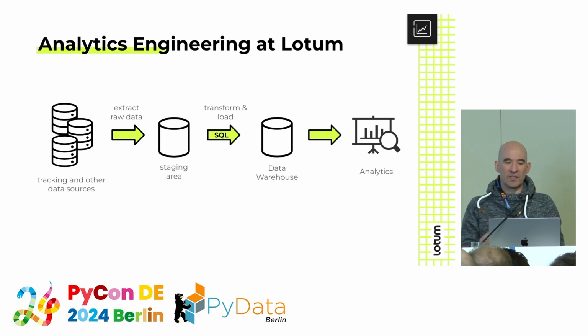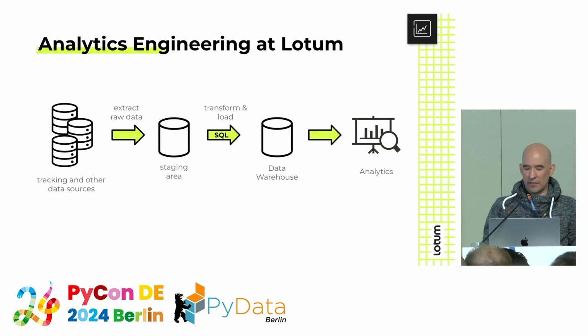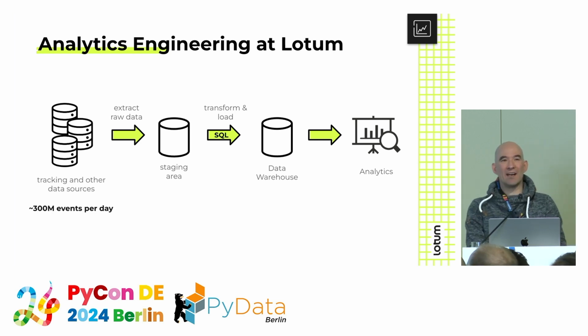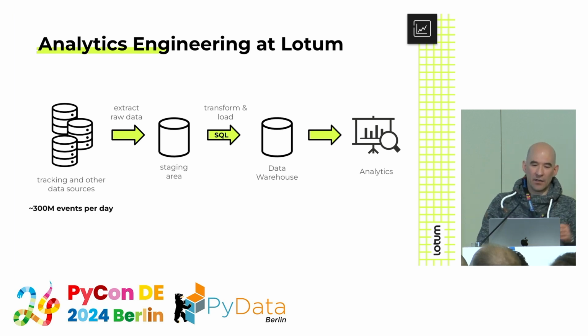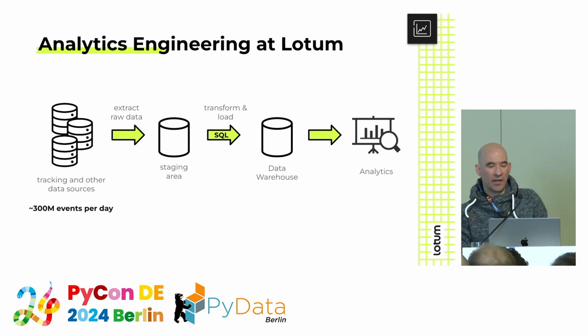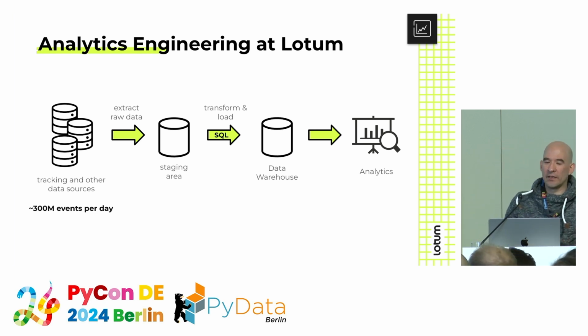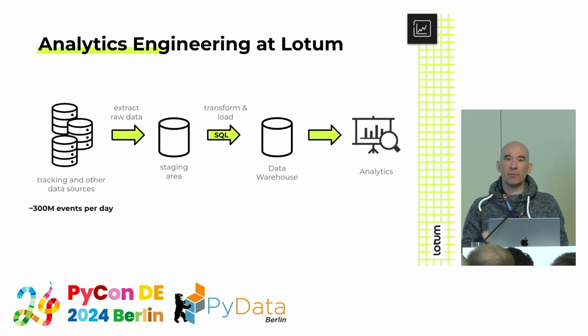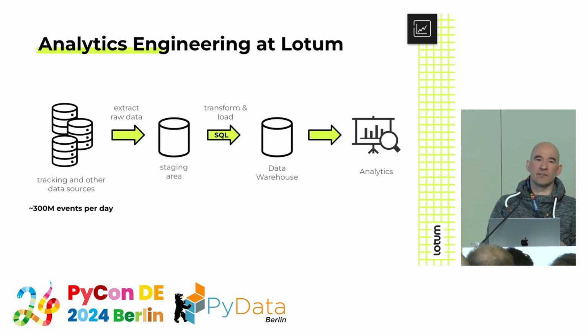We also extract data from external sources, and this amounts to about 300 million events per day. We store that in a staging area and then transform it and load it to our data warehouse. And from the data warehouse, we power all the analytics, which drives most of our business decisions.